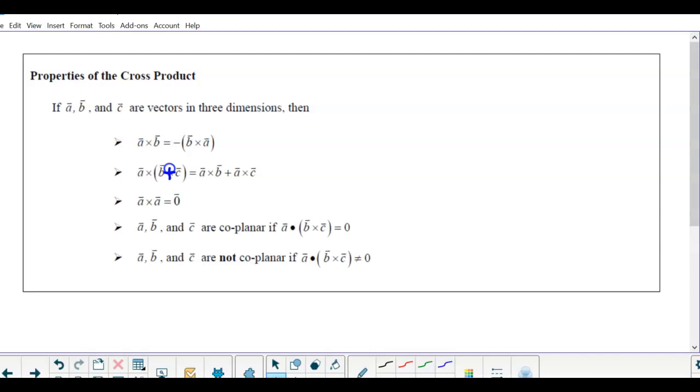This is what we're going to look at today. So A, B, and C are coplanar. Coplanar means they are all on the same plane. That means if you take the cross product of two of them, so I have two vectors there, B and C, the cross product would be this.